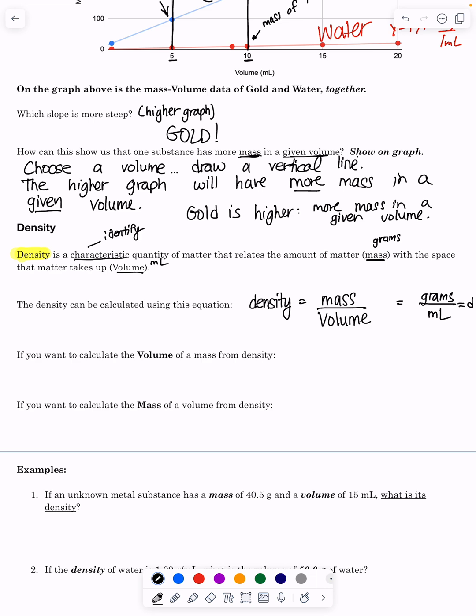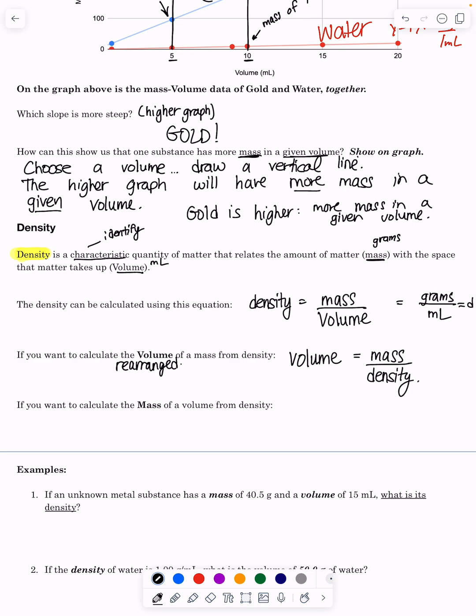If you want to calculate just the volume of a mass from a density, let's say I didn't have something in front of me and I was just trying to figure out its volume, if I rearrange this equation, volume would be equal to mass divided by density.